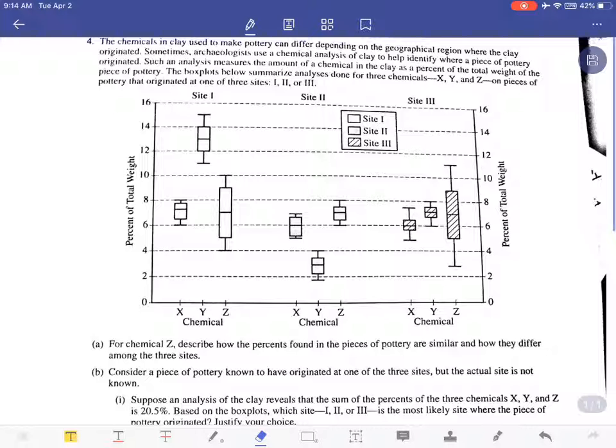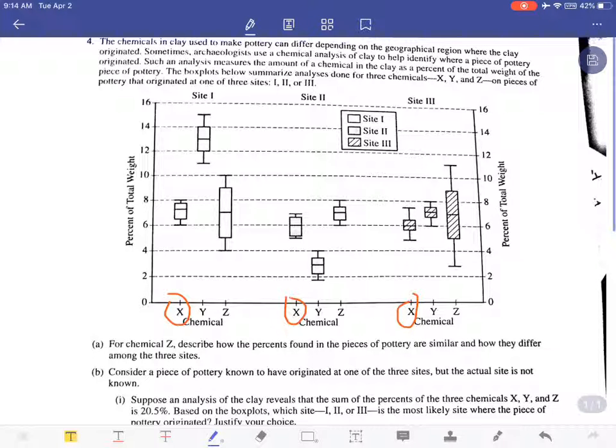But if there's a chemical that's different between all the 3 sites, for example, high at one site, low at another site, and medium, that's going to help us determine which site the pottery came from. So if we look at chemical X right here, you can see that they're all very close together.